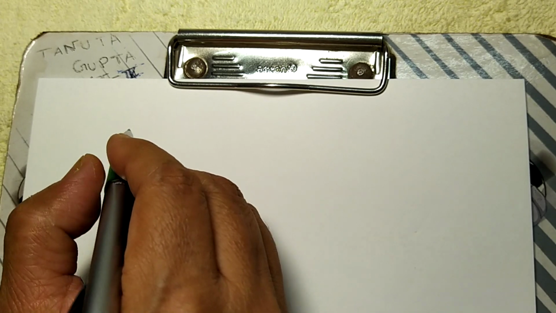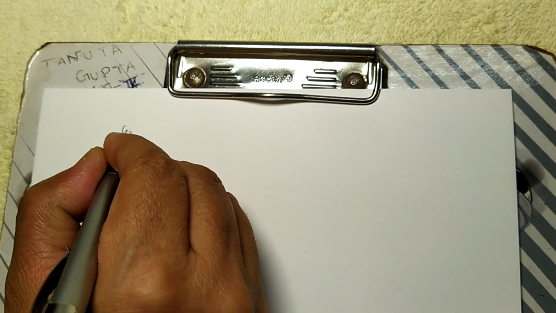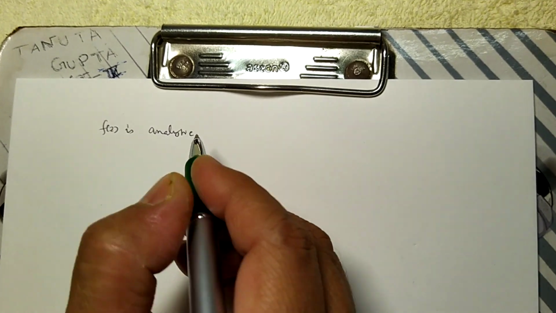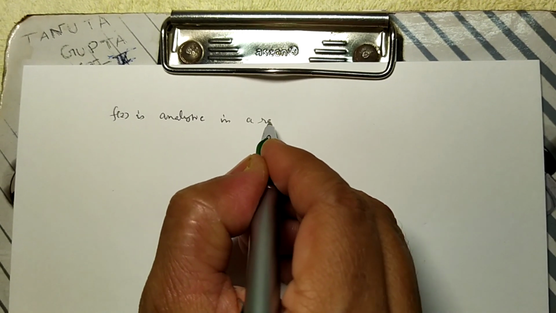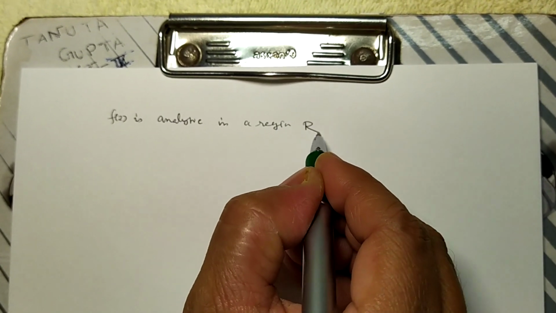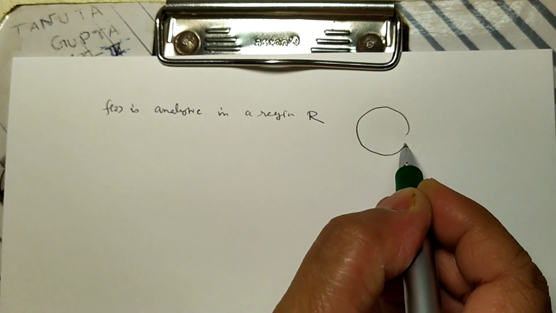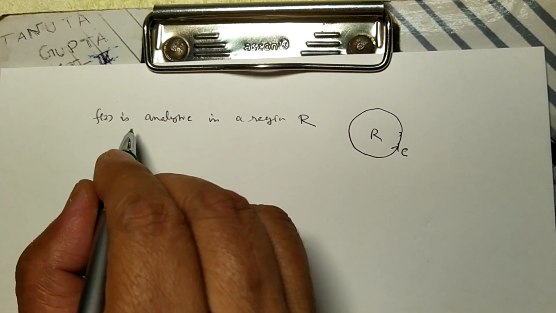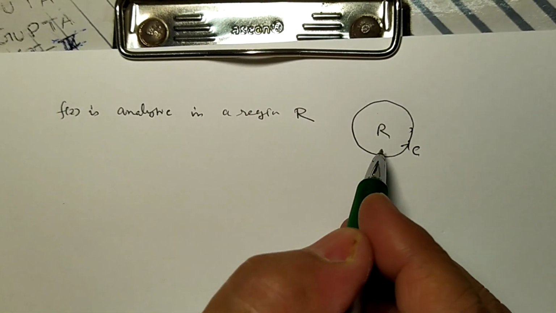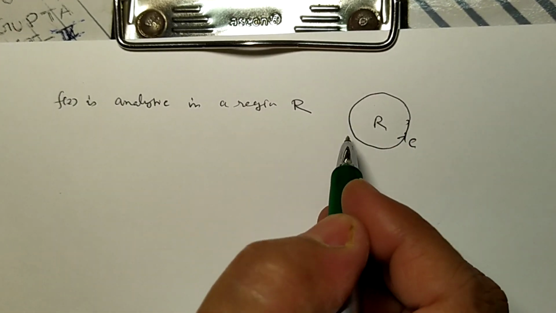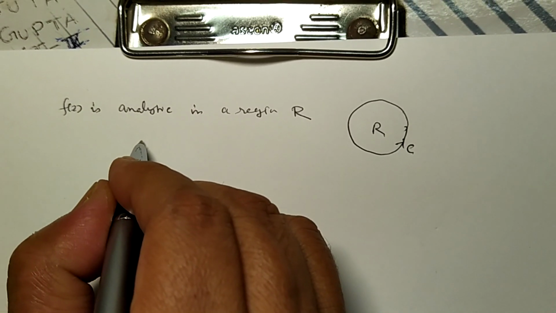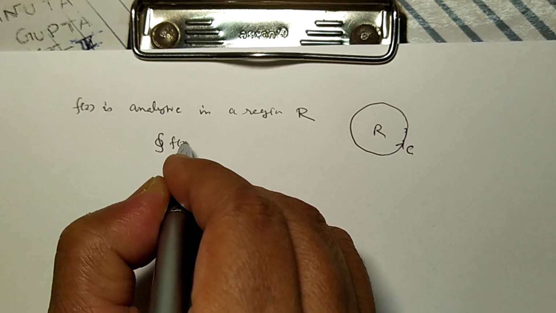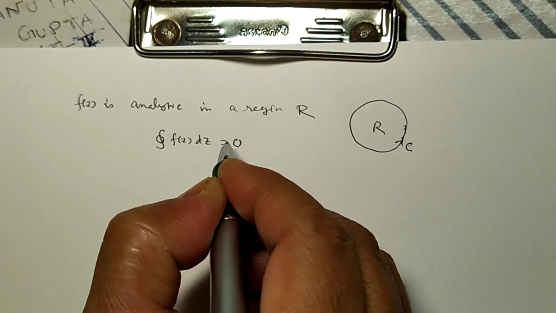Cauchy's theorem says that if a function, say f of z, is analytic in a region, say R, and this is the boundary C, then if this function is analytic in this region and also on the boundary, the integration over the path C of f of z dz is equal to 0.